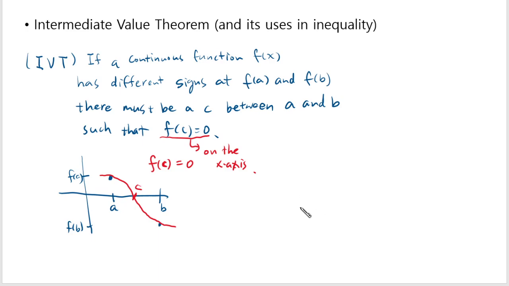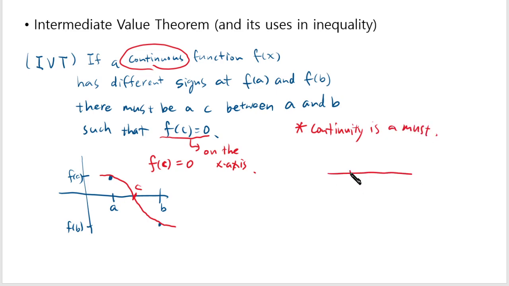But before I show you when to use it, let me first explain that continuity is crucial. Continuity is a must, because without continuity we might have f of a here, f of b here, but then you can have a jump discontinuity, and the point might just jump from here to there.